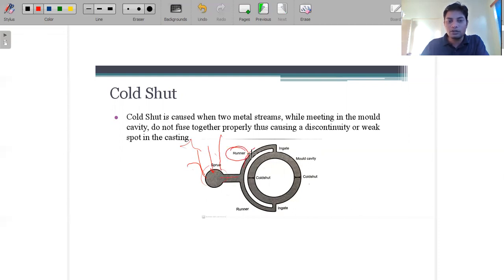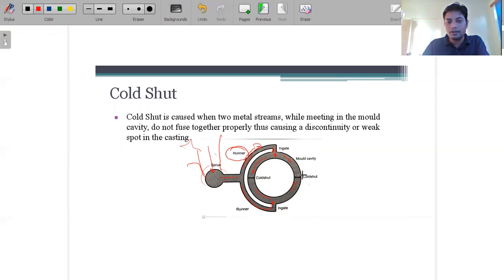Through these runners the molten material passes, and it comes through the ingate. So through both the sides we are filling this mold cavity, with material coming from this side and from this side.